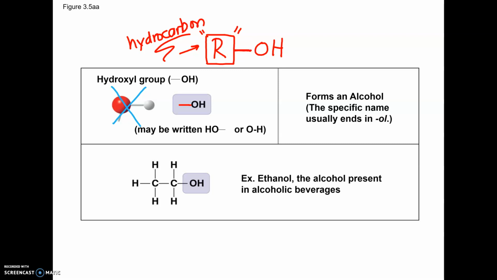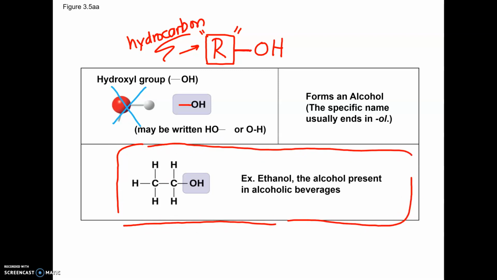And things that have an OH are called alcohols. And you don't have to know that. At the bottom here, and on each of these slides, you're going to see an example. You don't need to know the specific example, but this is what it might look like if you were to see the functional group on an actual carbon chain. So here's the hydroxyl group, and it is attached to a carbon.